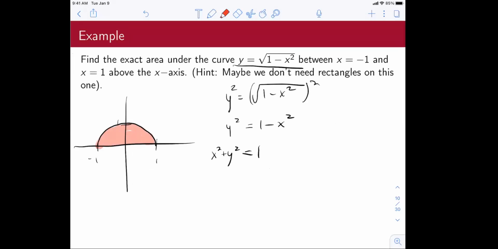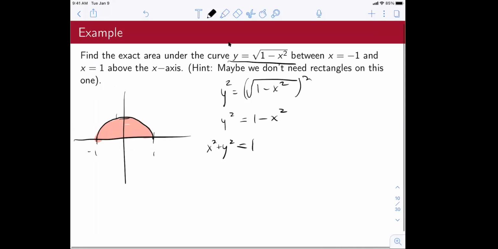Half. Okay, well, what's the area of a circle? Just first of all, a circle of radius 1. What's the area of that circle? Who remembers? It's not 2 pi r squared.